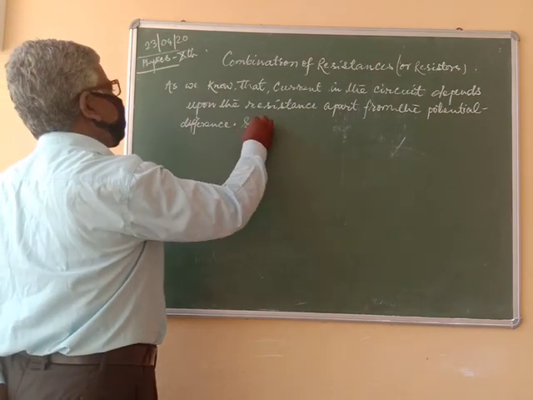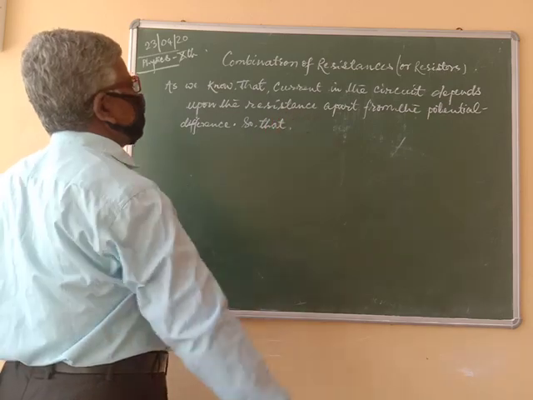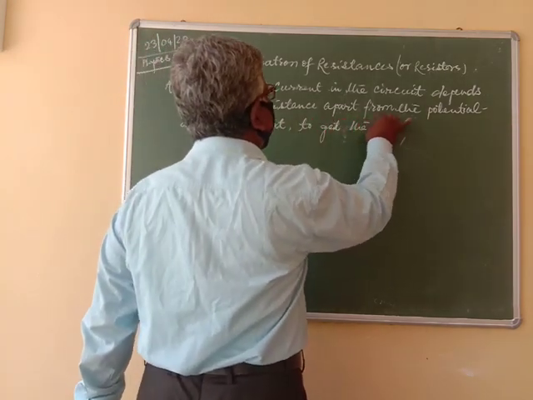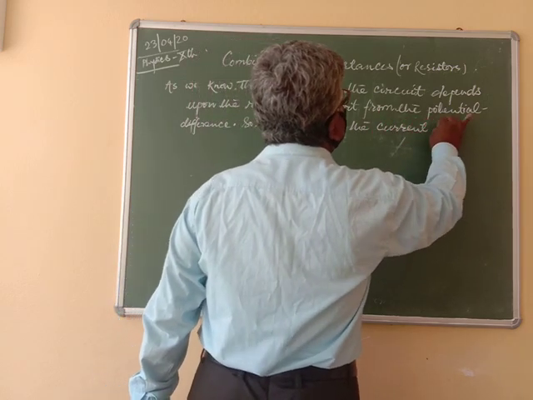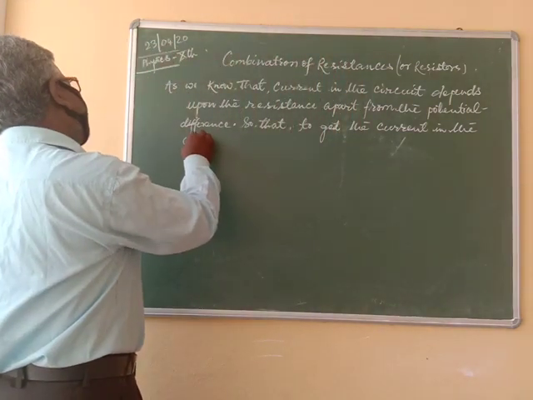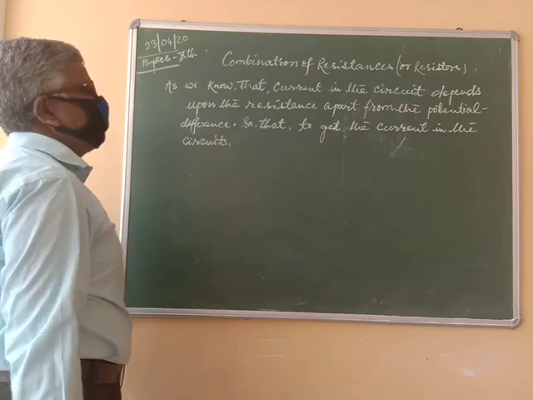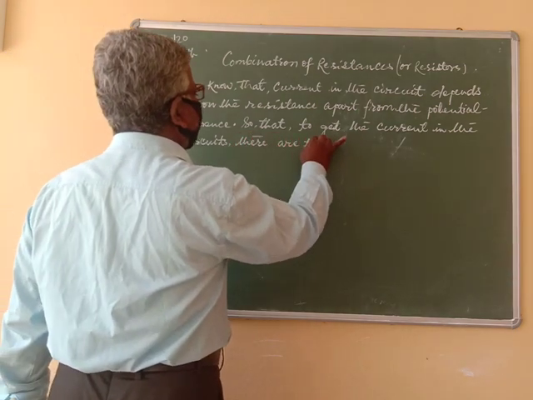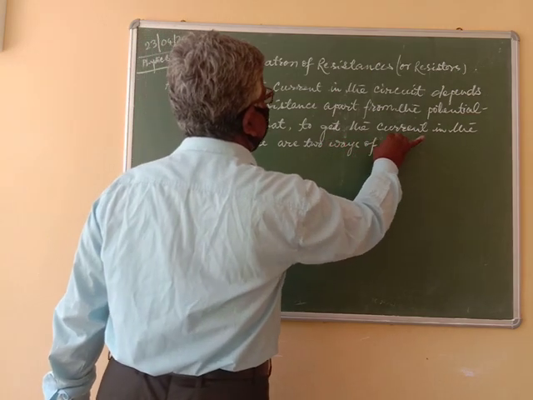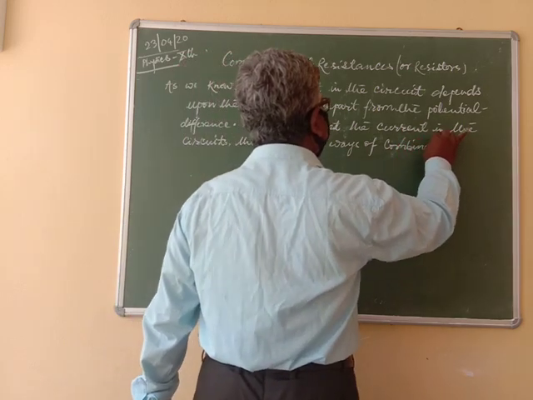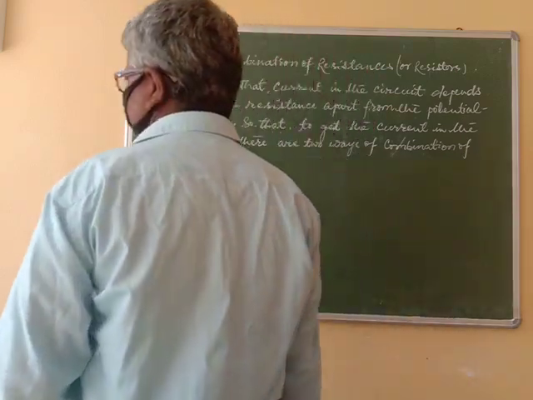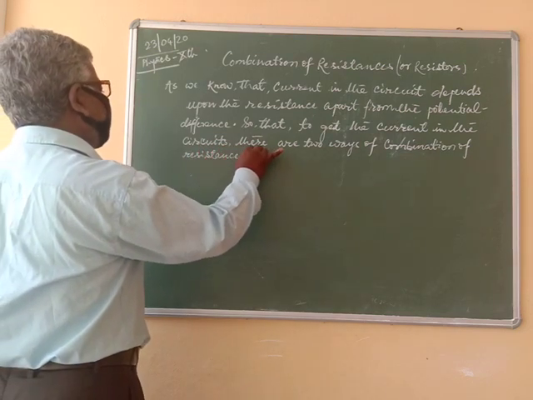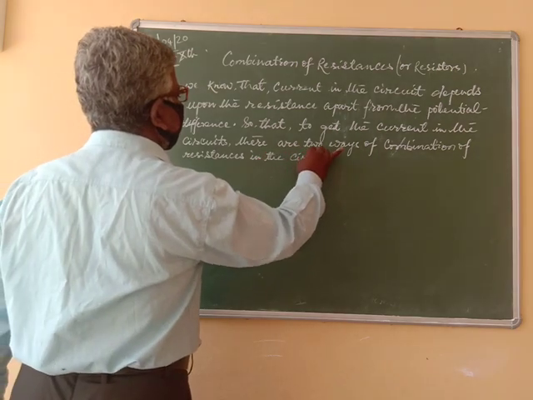So, to get the current in the circuit, there are two ways of combination of resistances in the circuit.